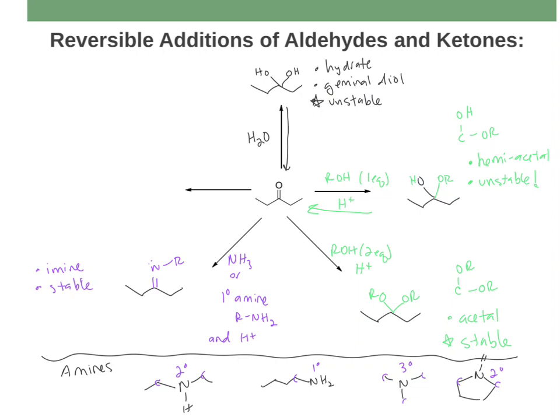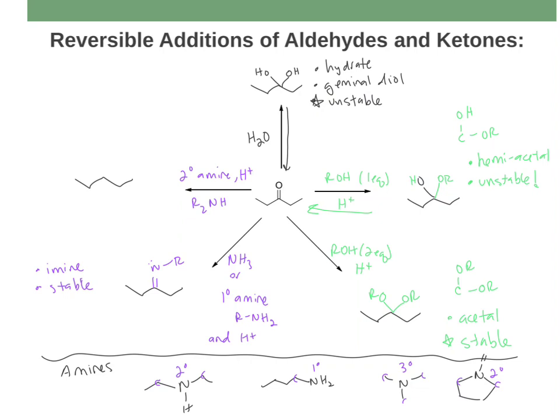And then if you have a secondary amine and acid, you can form our last one. So secondary amine and acid, something like R2NH. Then you're going to form what's called an enamine, where it's kind of like an enol, where an enol is where you have an alcohol on an alkene.